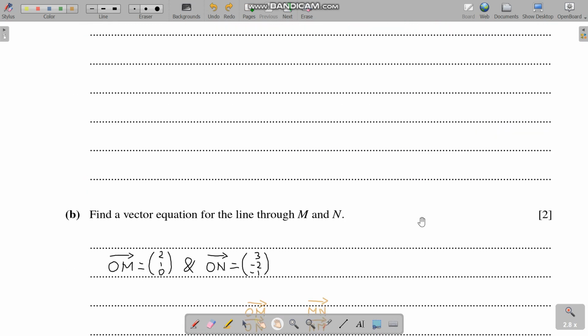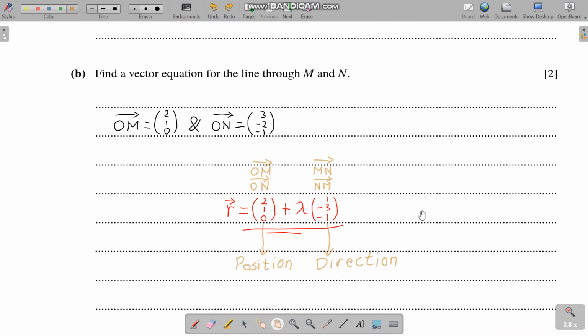Now find a vector equation for the line through M and N. So first of all, we know the position vector or the coordinates of point M and point N. For the line passing through the 2 points, you can use the point M or the point N for the position vector, because this is a point on the line. But for the direction, you have to use either MN or NM.